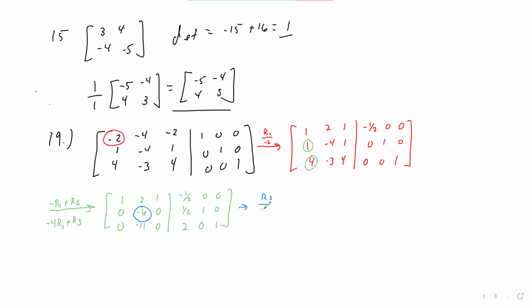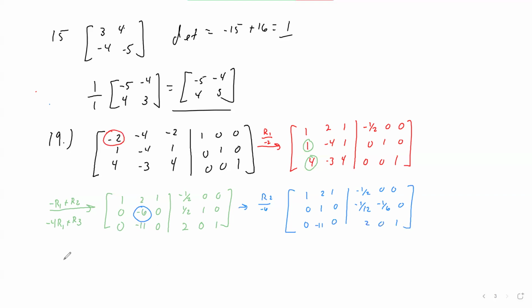Row 2 divided by -6. 0, 1, 0. 1/2 divided by -6 would be -1/12. -1/6. 0. 0, -11. 0, 2, 0, 1.